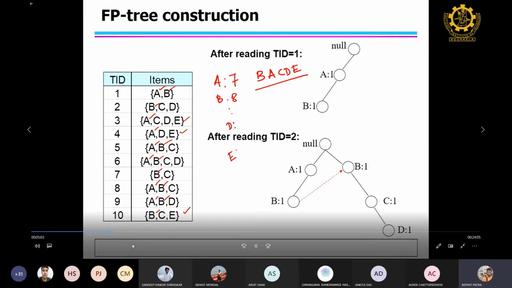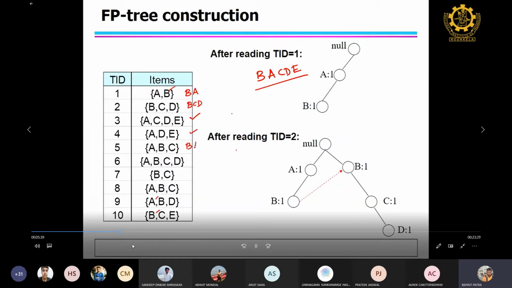The first transaction I can write as B A. The second transaction I write as B C D. For the third transaction, B is not there, so it is A C D E. This is the right way. Then A D E, this is also okay.